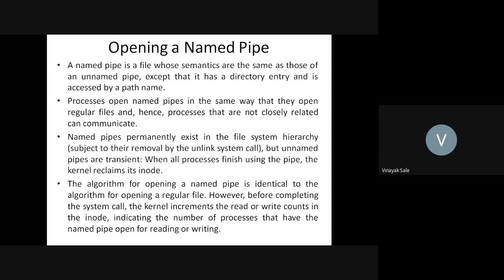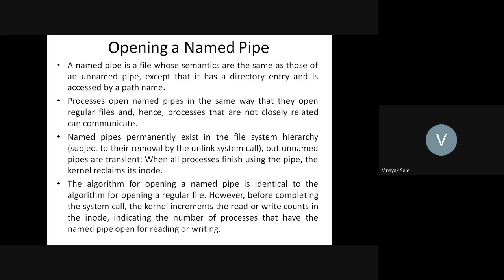A named pipe is a file whose semantics are the same as those of unnamed pipes, but it has a directory entry and is accessible by path name.